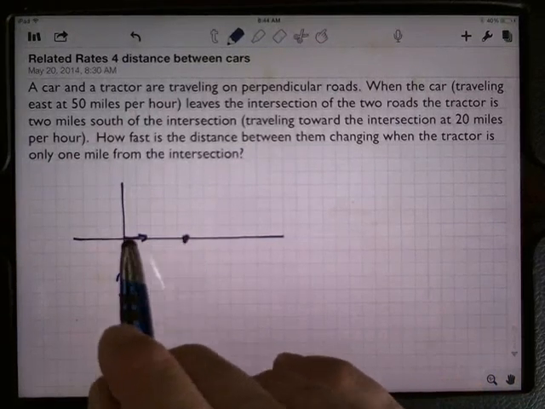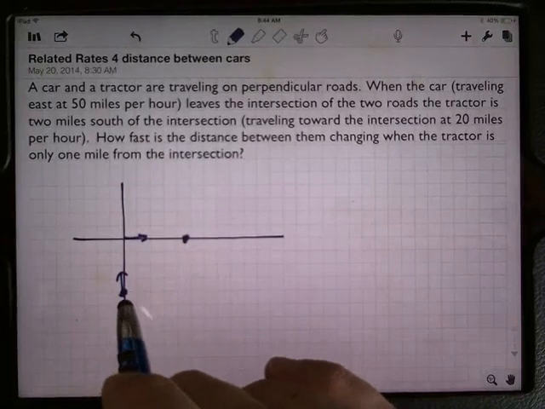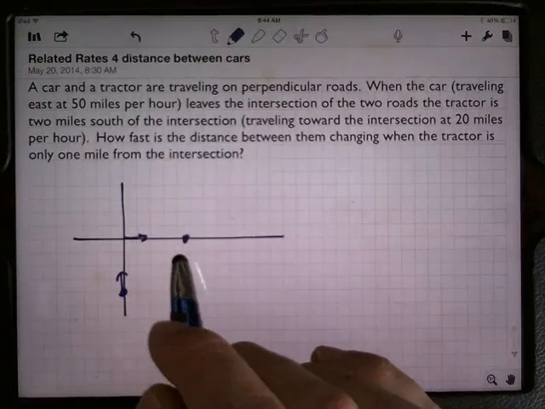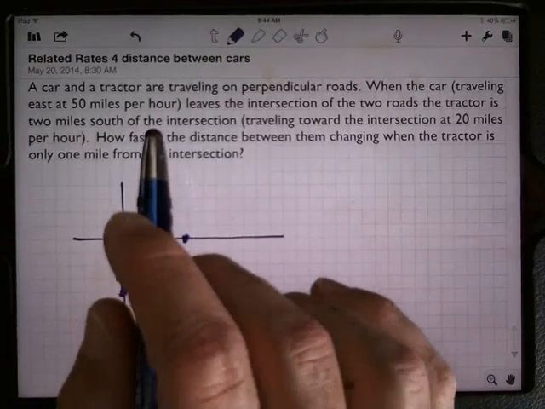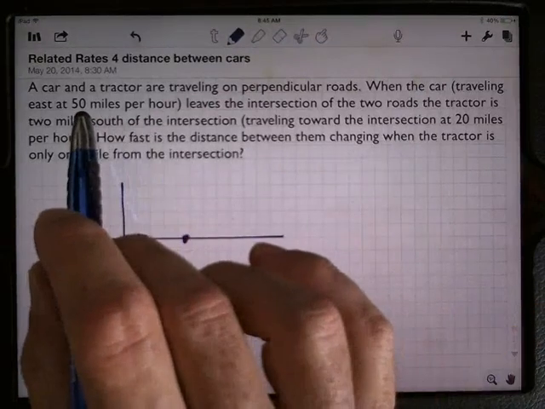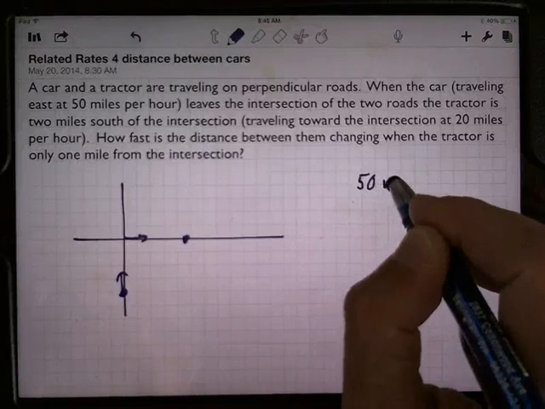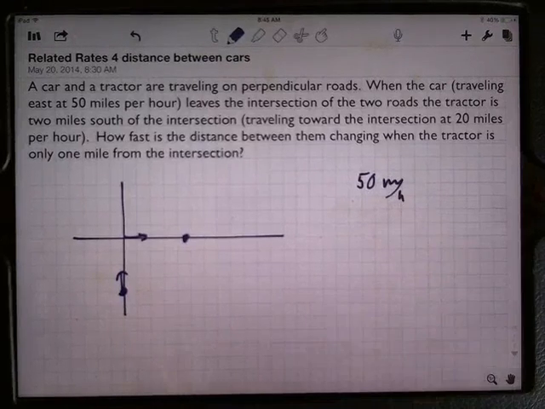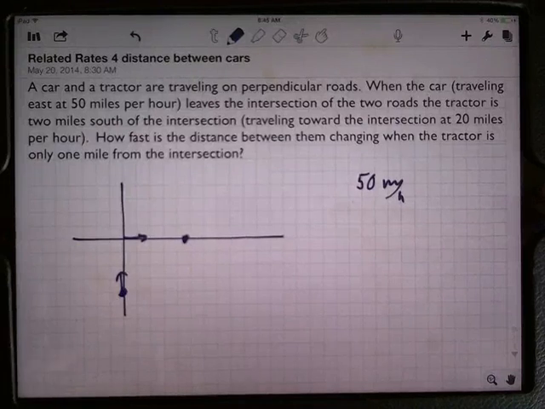I know initially the car is here, but then it moves, and the tractor is initially somewhere down here, and then it moves upwards. They give me the speed of the car, 50 miles per hour. That's speed, that's a change in distance.